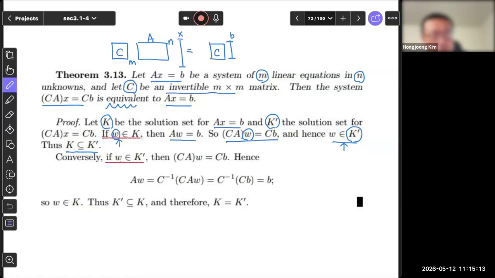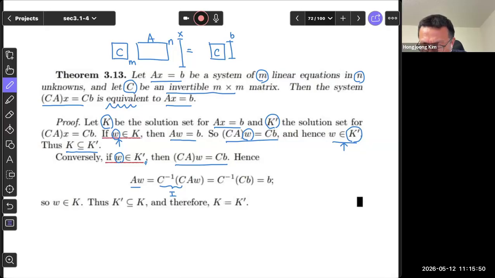Now, if I choose any vector w from K prime, then this w will satisfy this new equation. Now this A times w, this A is obtained by multiplying the identity matrix to A, and since matrix multiplication is associative, A can be written as identity times A, which is the same as C inverse times C times A times w.